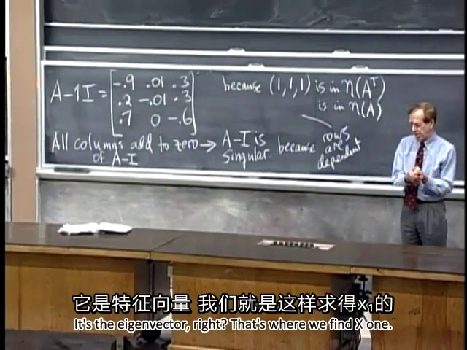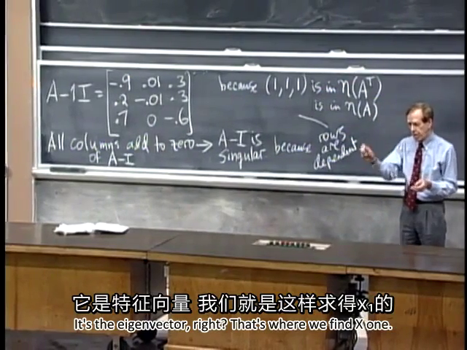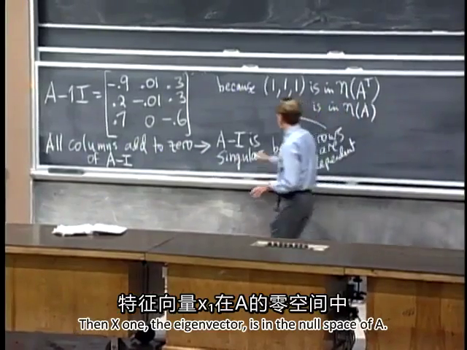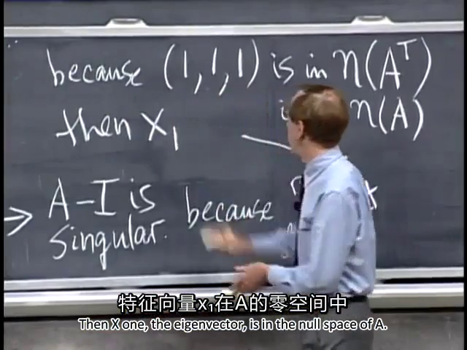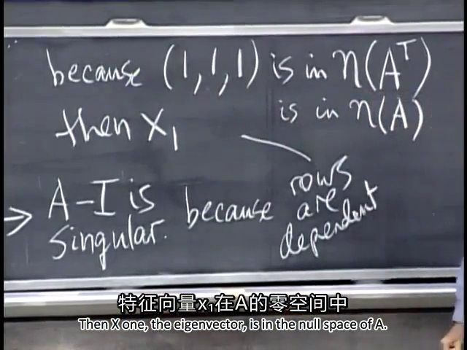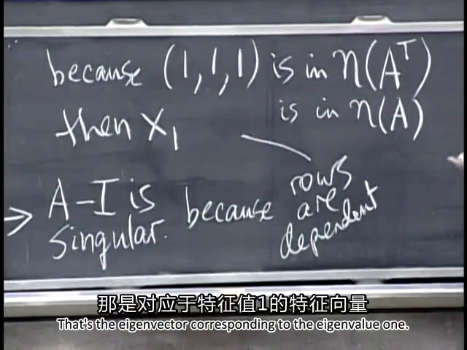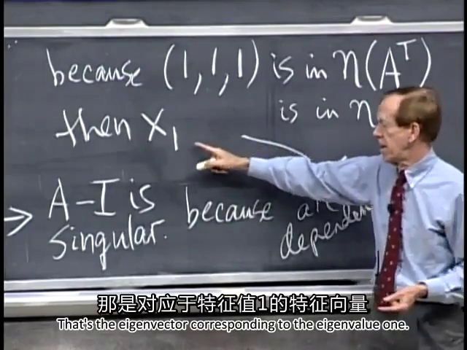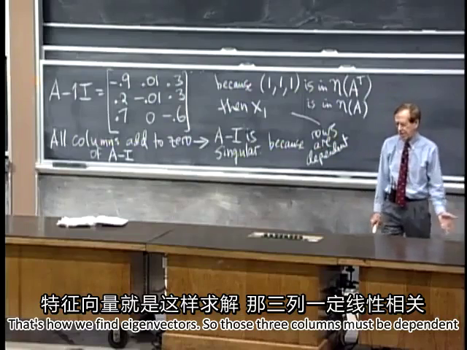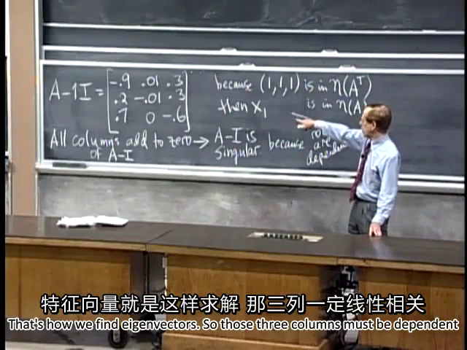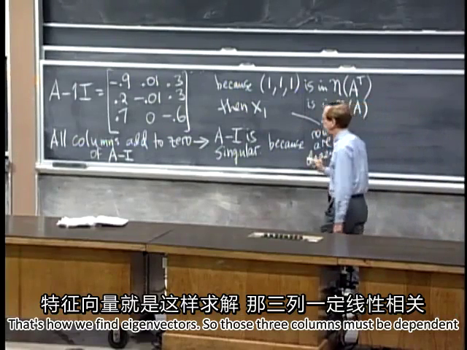It's the eigenvector, right? That's where we find x1. Then x1, the eigenvector, is in the null space of A. That's the eigenvector corresponding to the eigenvalue 1, right? That's how we find eigenvectors. So those 3 columns must be dependent.